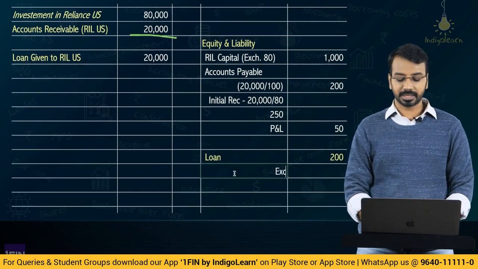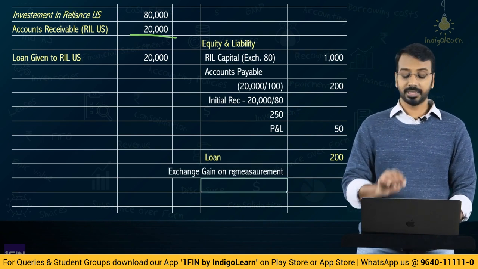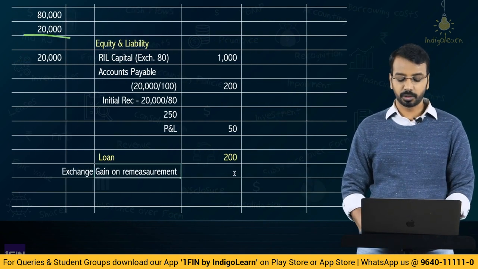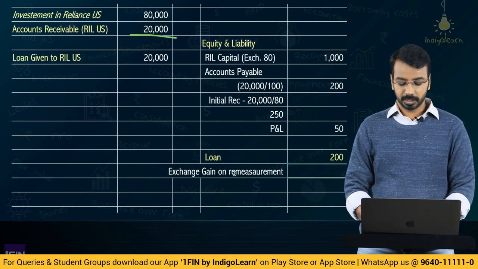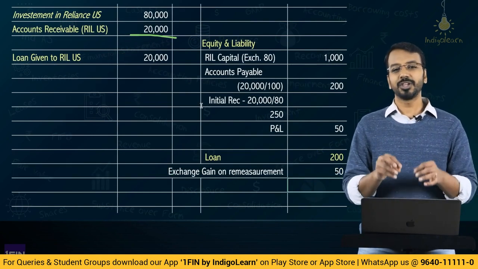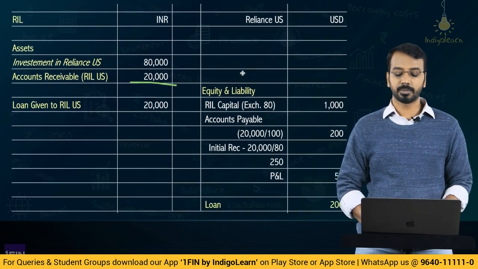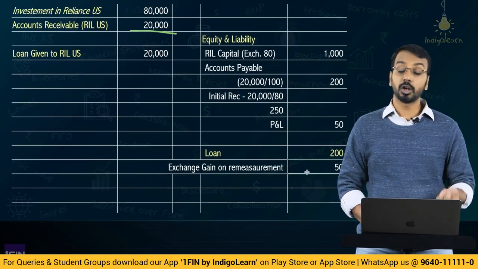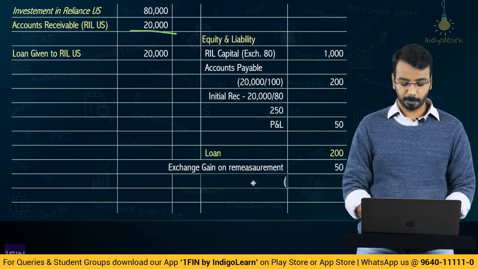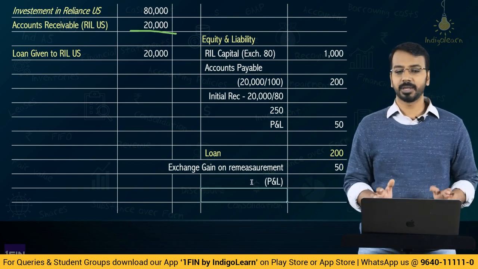On this also you will have an exchange gain on remeasurement, equal to 50. Now, what should I do with this 50? This 50 of gain should also be recognized in the P&L of the branch.